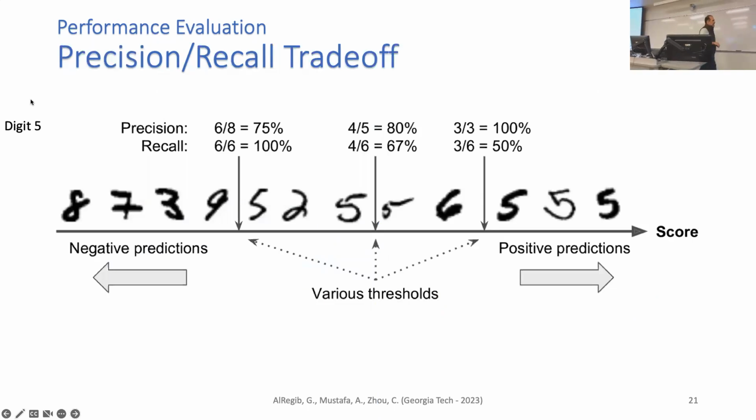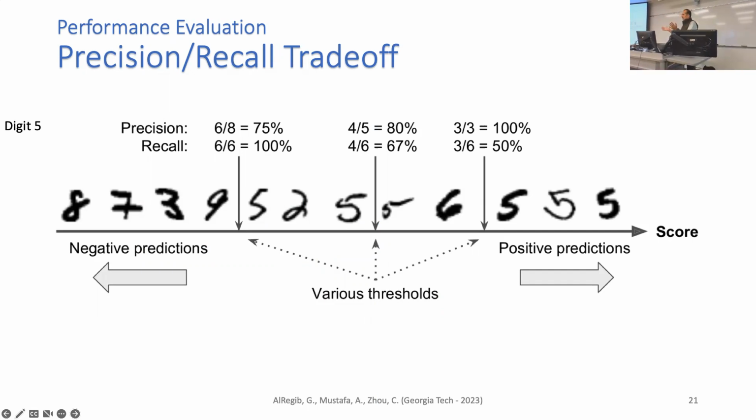So now, imagine that you have these predicted classes, and you're looking at digit 5 as your class, so everything else is non-5, right? Now, on your score, you have to come up with a threshold. Remember in the visualization, there was a thresholding. You have to decide on the threshold: is this a 5 or not a 5?